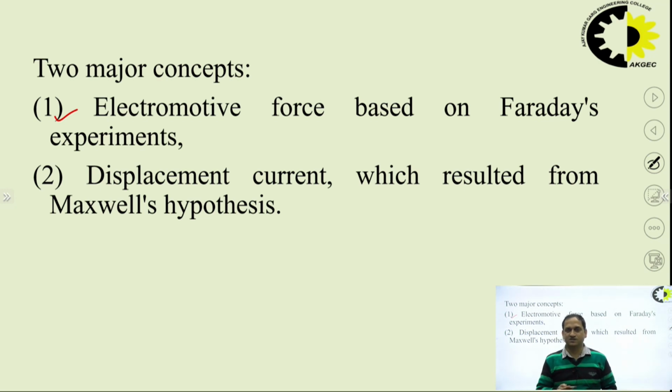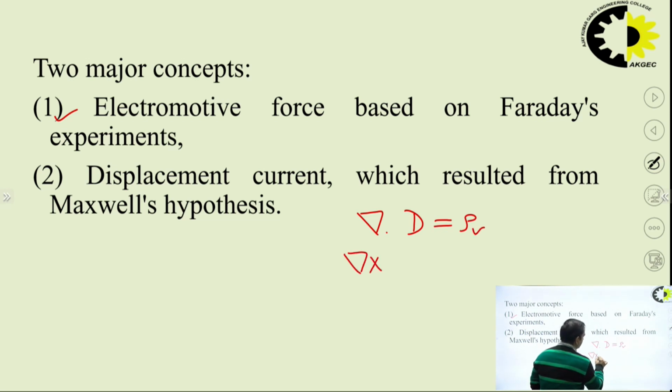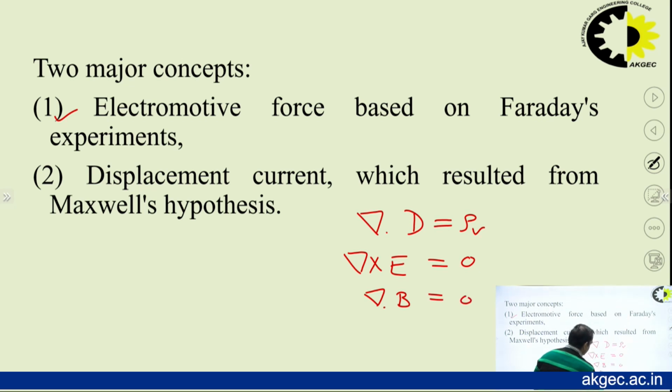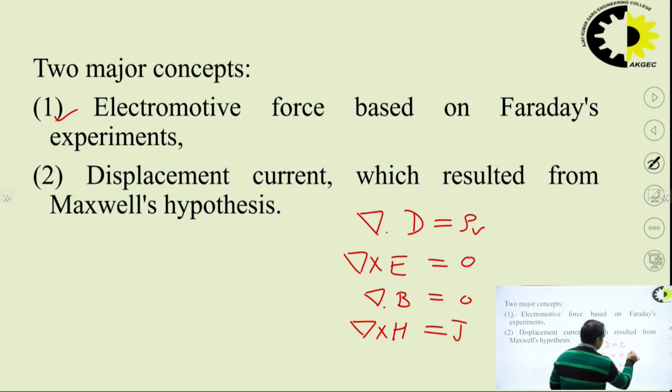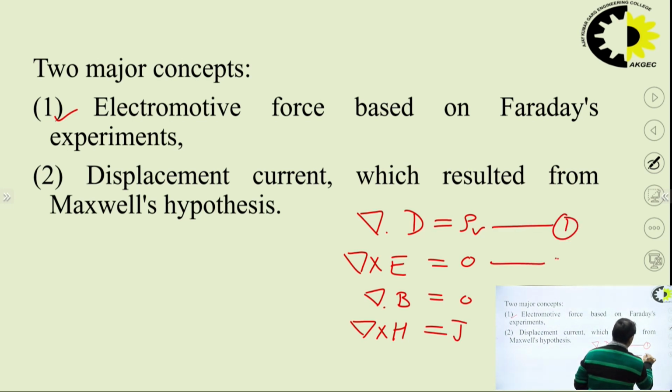Let us look at the Maxwell's equations which we have discussed till now. The first Maxwell equation is del dot D equals rho V, then del cross E equals 0, then del dot B equals 0, and del cross H equals J. These are the four Maxwell's equations, completely based on static fields.